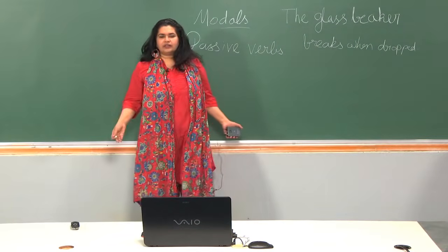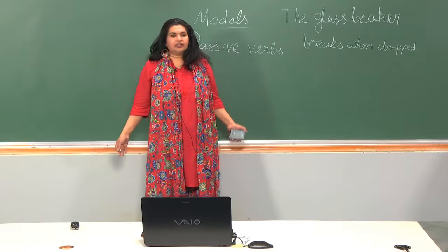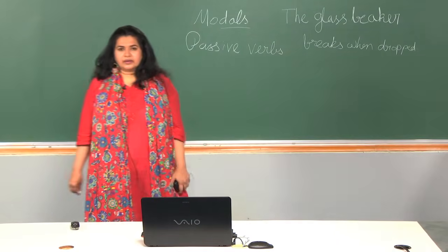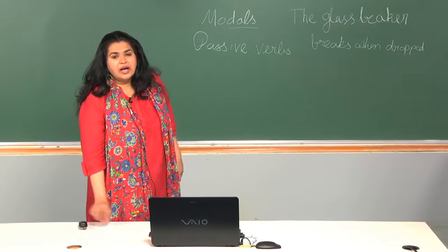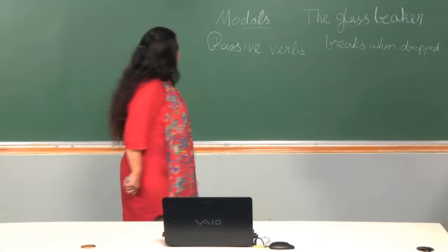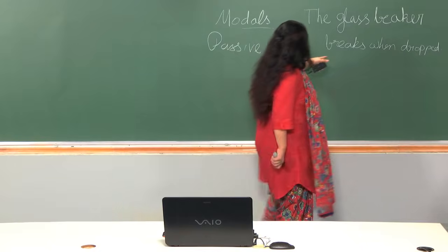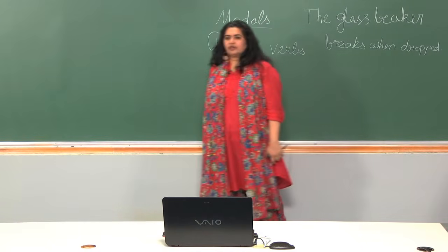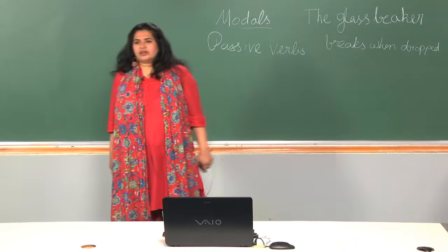The meaning is it will definitely break. It is almost like a universal truth. We do not have a modal here, we just have a main verb. By now you know what main verbs, modals and auxiliaries are.